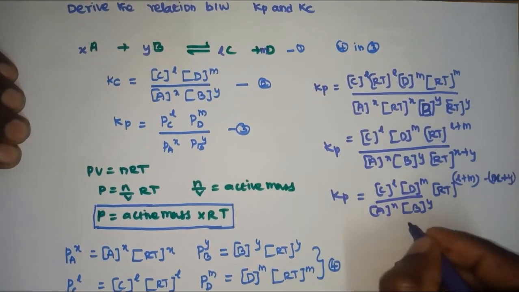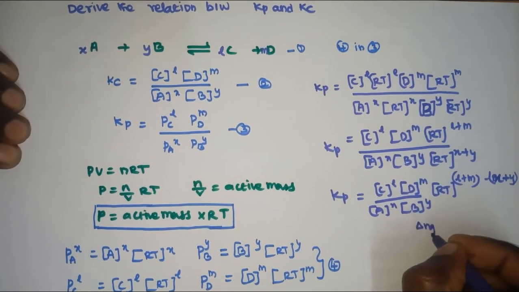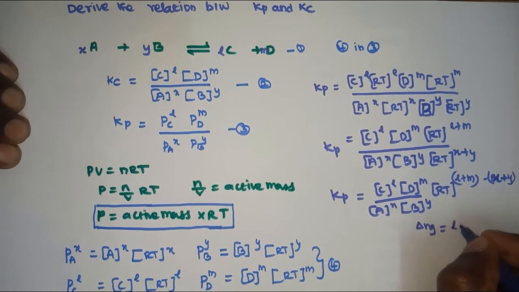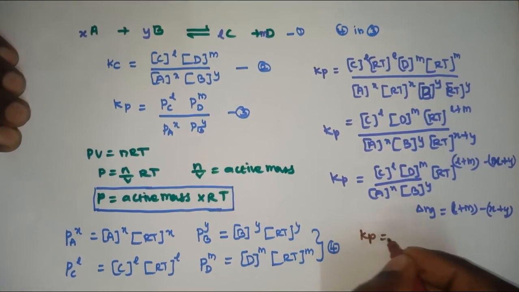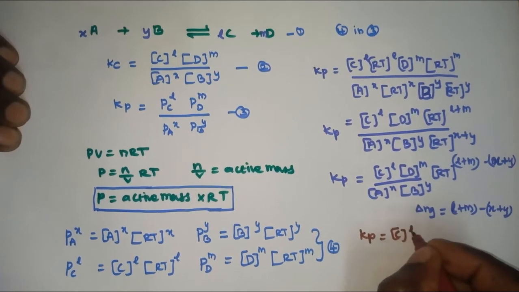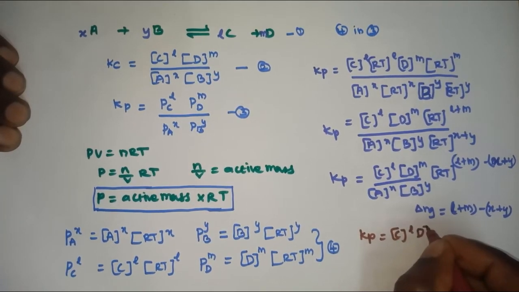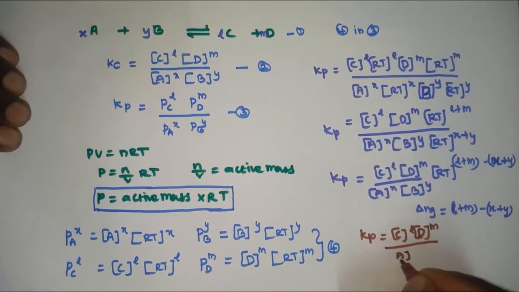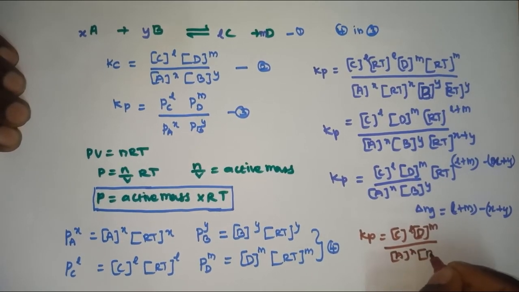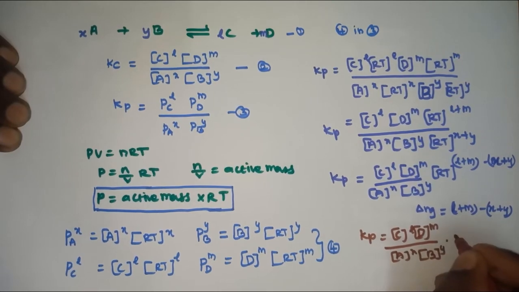We already know that delta Ng equal to L plus M minus x plus y. So put this value in the above equation. We get Kp equal to C power L into D power M divided by A power x into B power y, into RT power delta Ng.